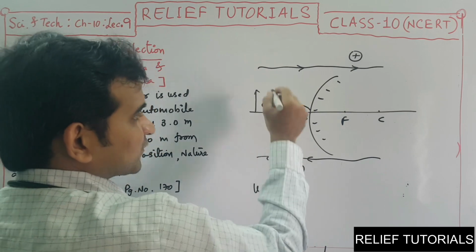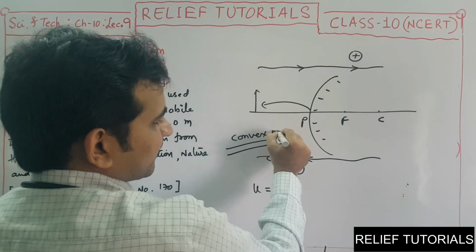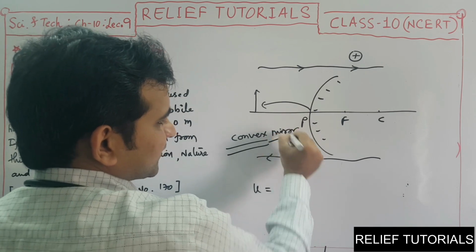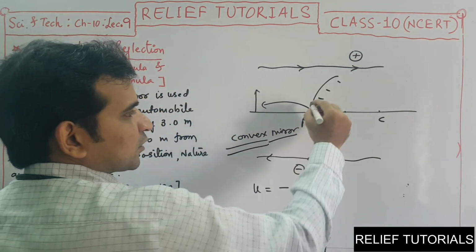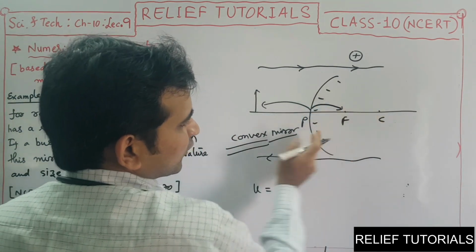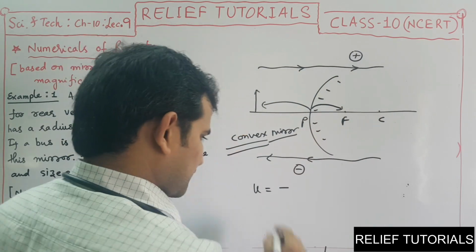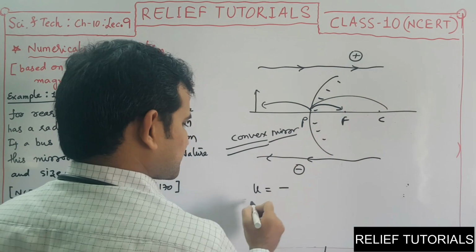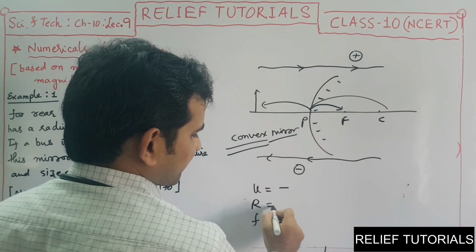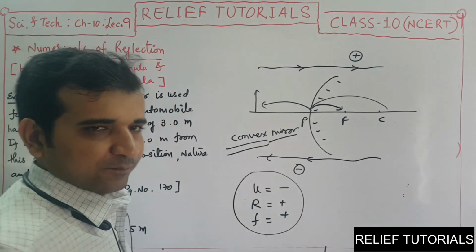So for the convex mirror, u is always negative. What about the focal length? Because the focal length is on the right hand side, it is in the positive direction. So focal length and radius of curvature, R and f, are both always positive.